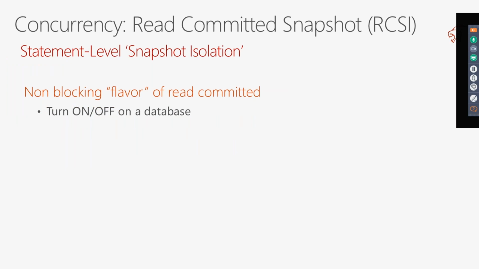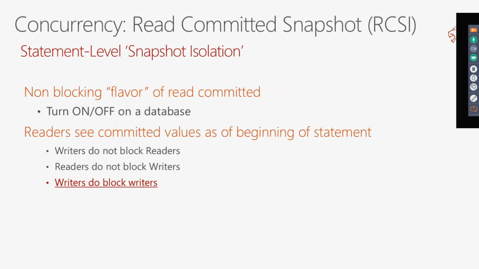Here is the thing about RCSI. There are two ways SQL Server allows row versioning to be used: one is at the statement level, and the second is at the transaction level. I'm going to talk about the statement level first. You can enable this at the database level by saying allow read committed snapshot.